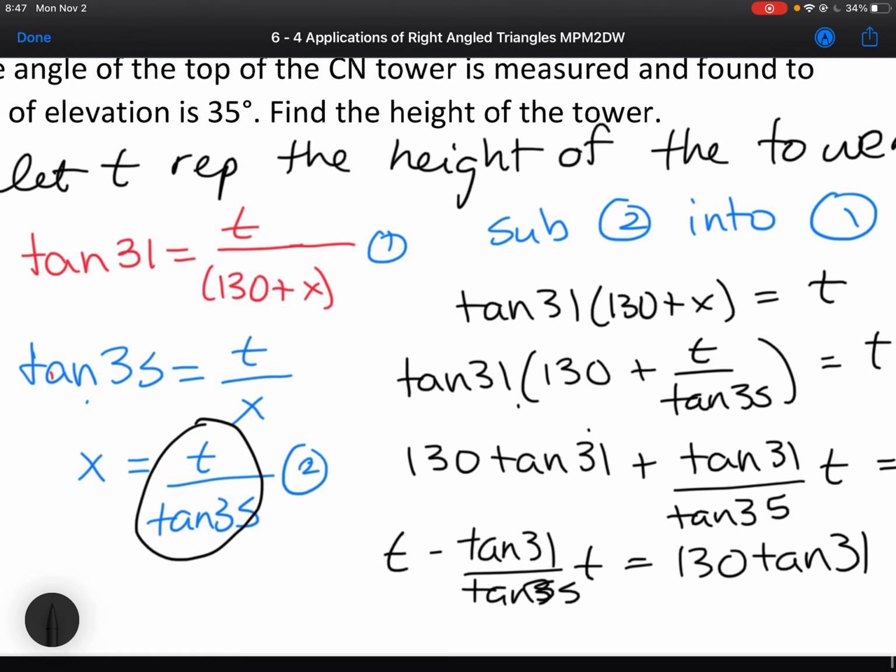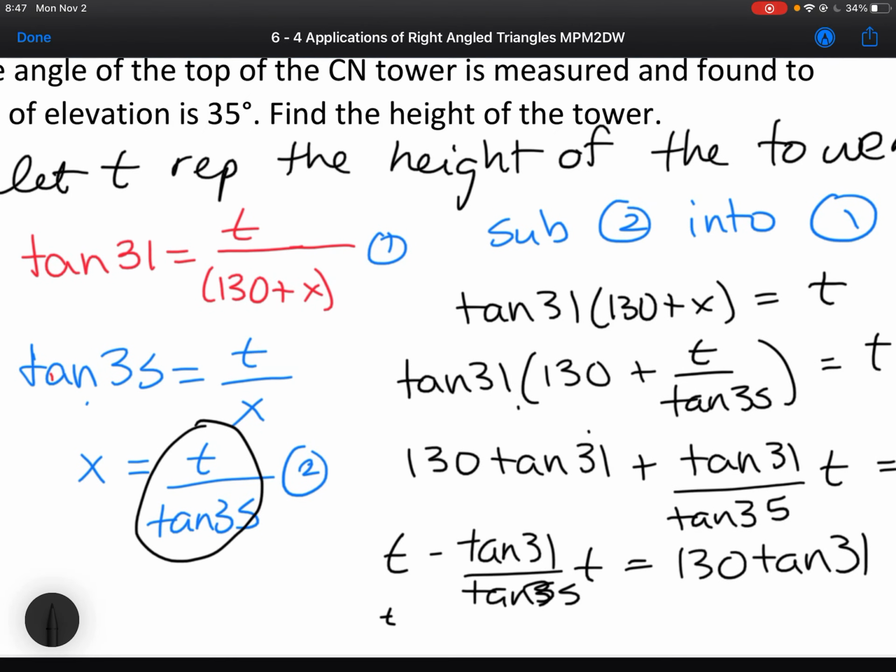I'm going to keep going here and factor out T, and I get T times 1 minus tan 31 over tan 35, which is just a number, is equal to 130 times tan 31. Now I'm going to divide both sides by that value to get my answer for T.